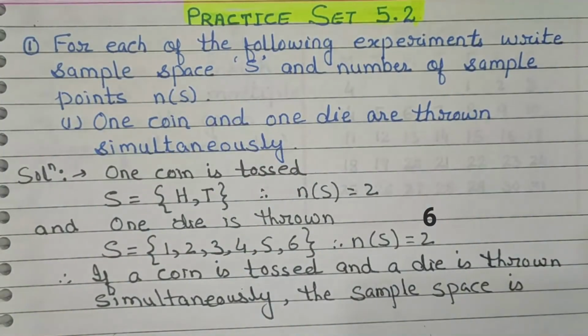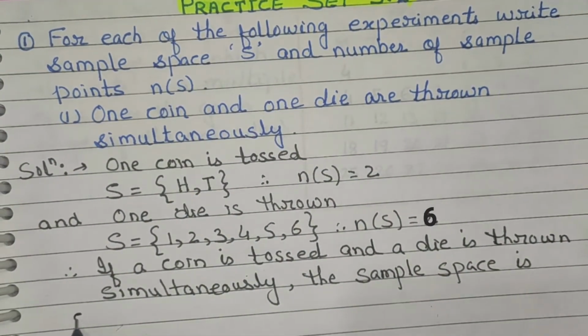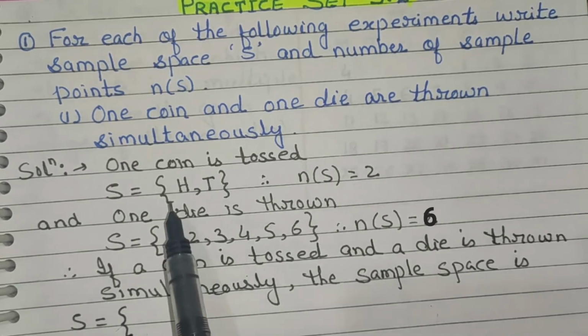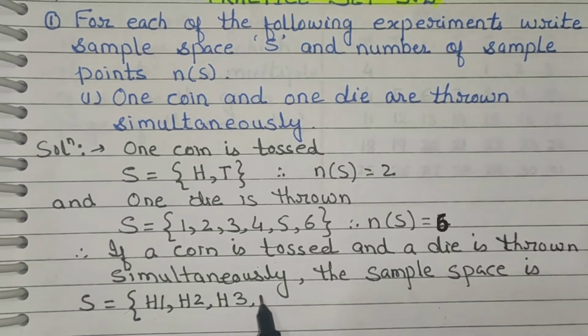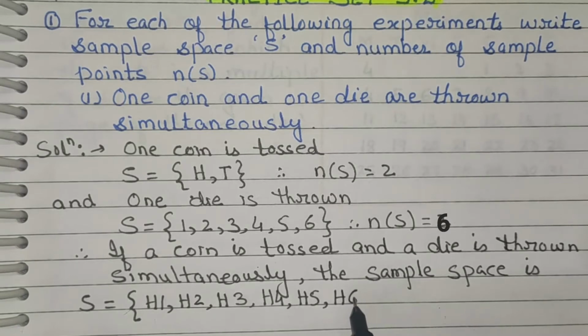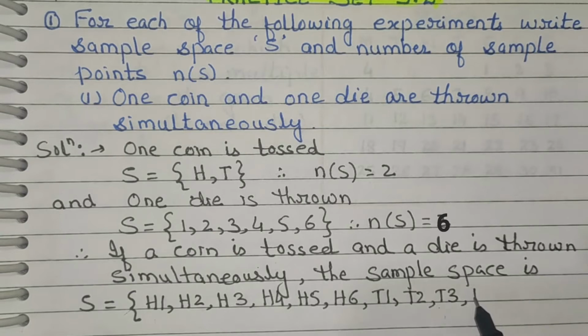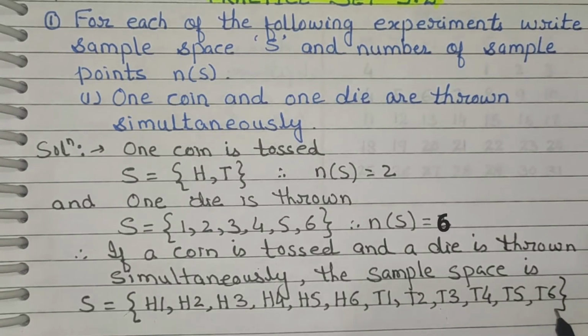Therefore write here sample space S is equal to H with all numbers. Therefore H1, H2, H3, H4, H5 and H6, and tail with all outcomes T1, T2, T3, T4, T5 and T6.